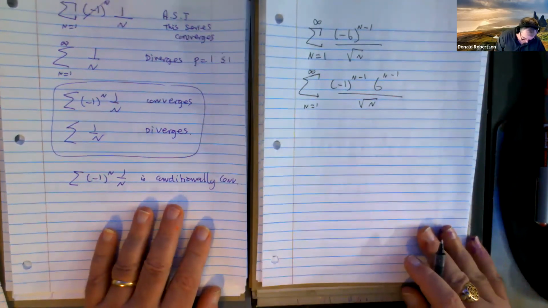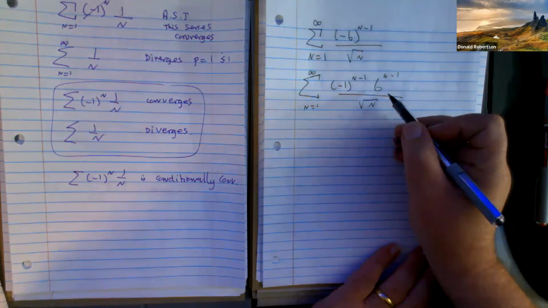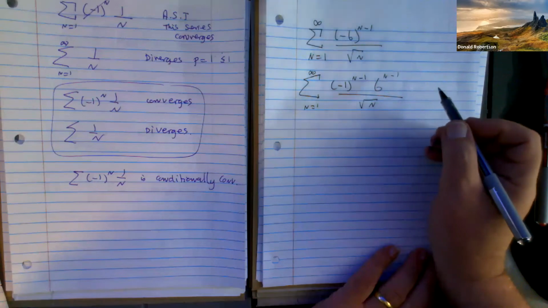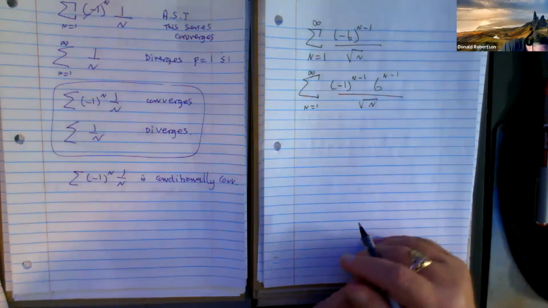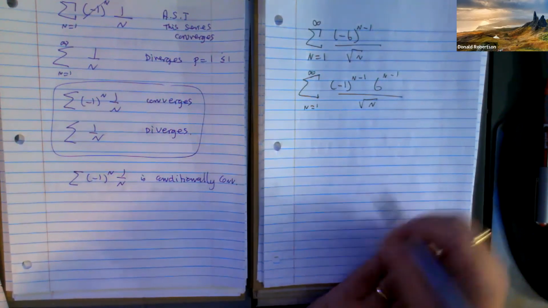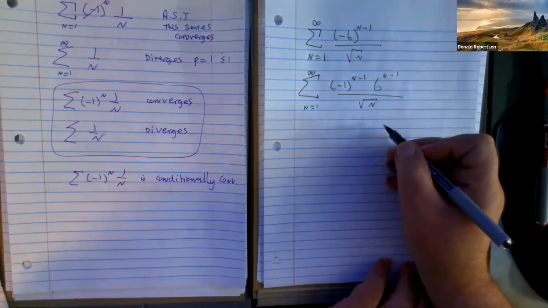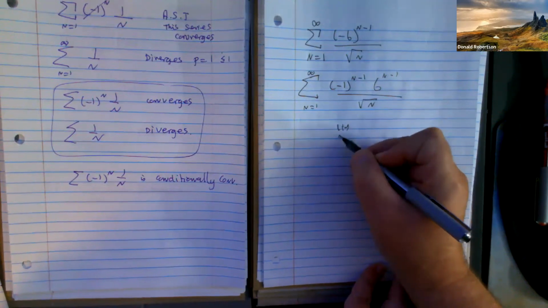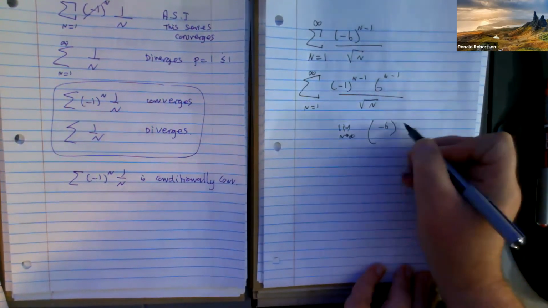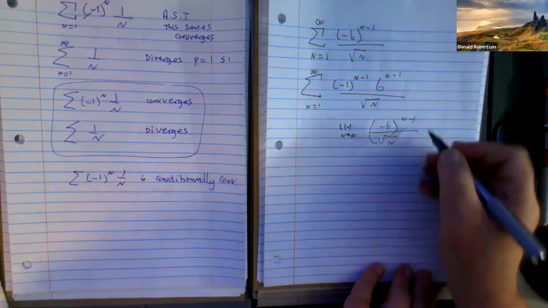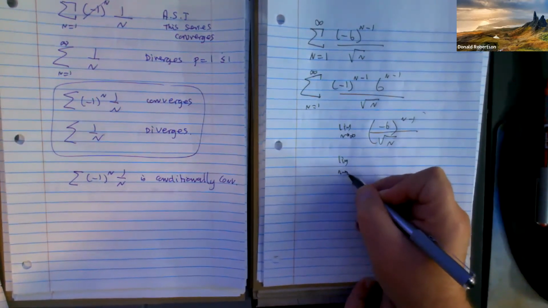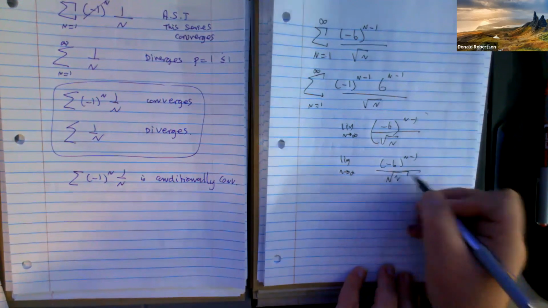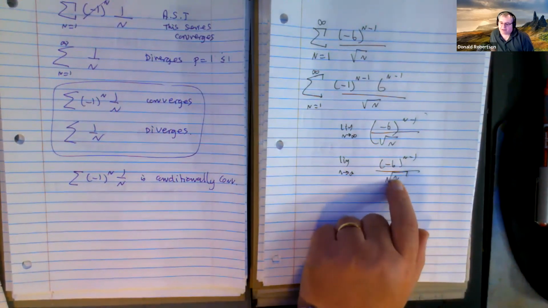If you find the limit as n tends to infinity of this guy, isn't 6 to the n bigger than a square root?